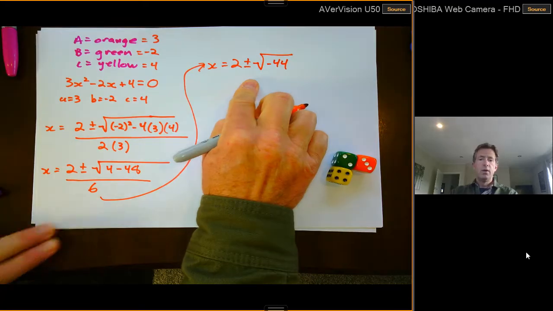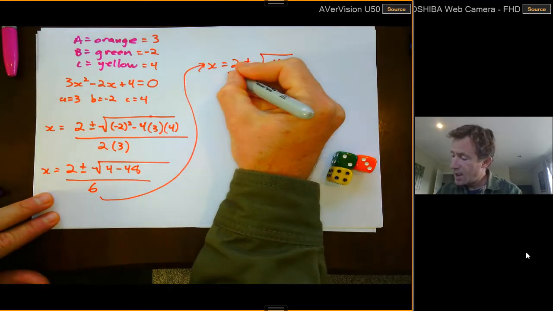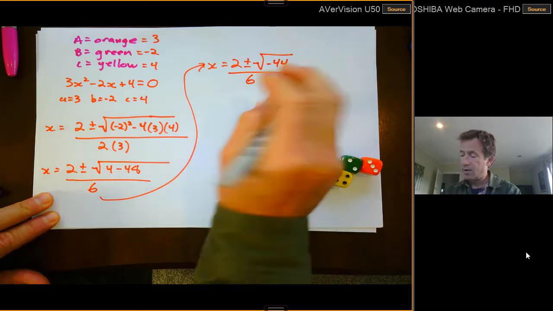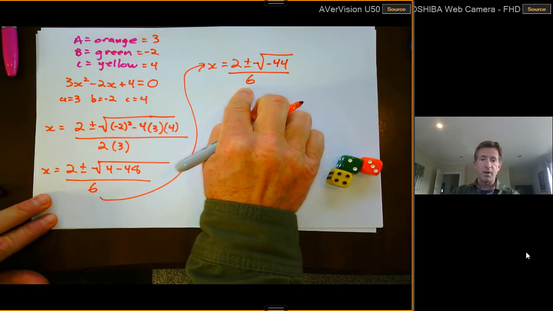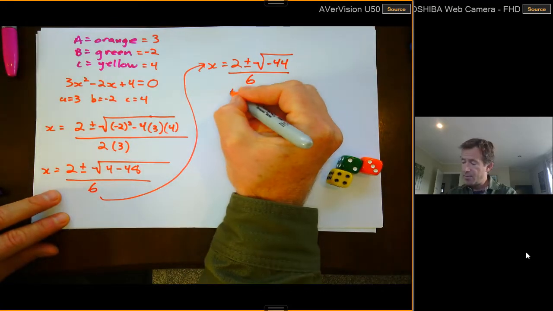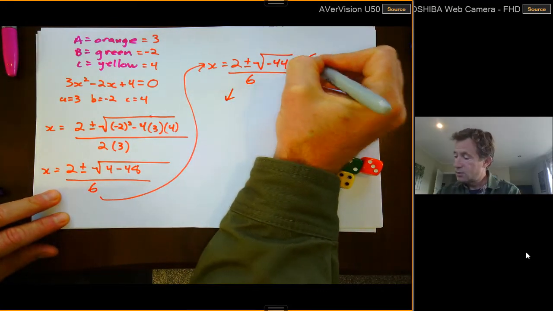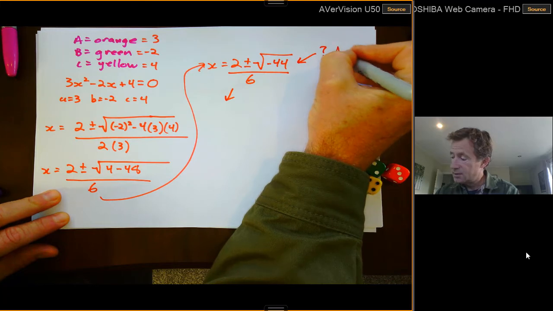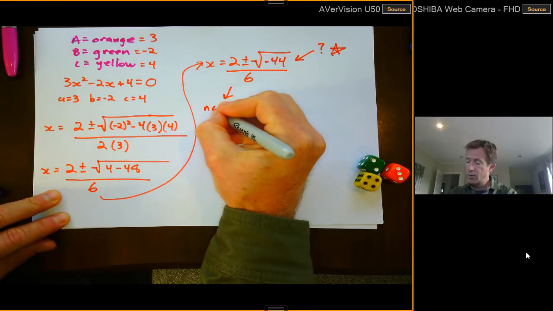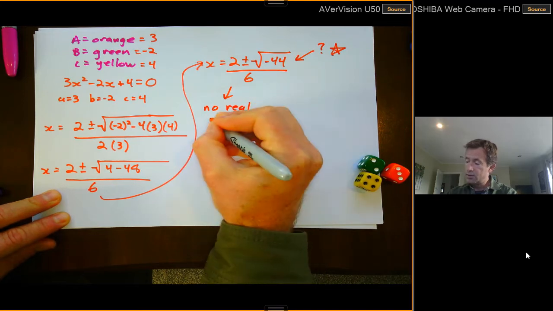As you know, math teachers will say we can't have the square root of a negative. Well, you can. It's just not going to fall on a regular number line. The square root of a negative is going to be a non-real number. So you could say no real solutions.